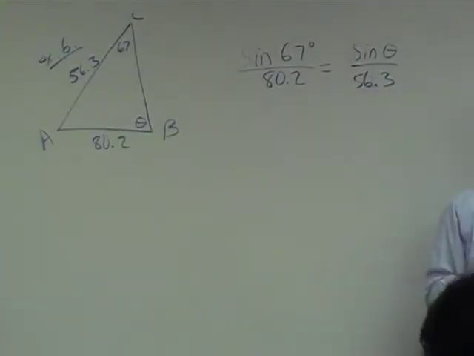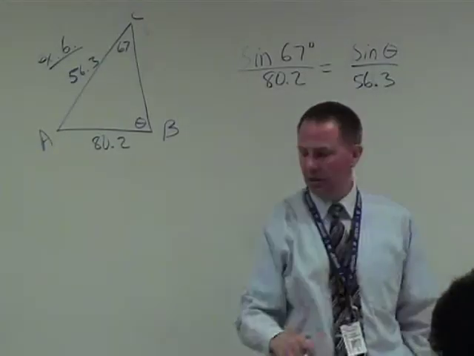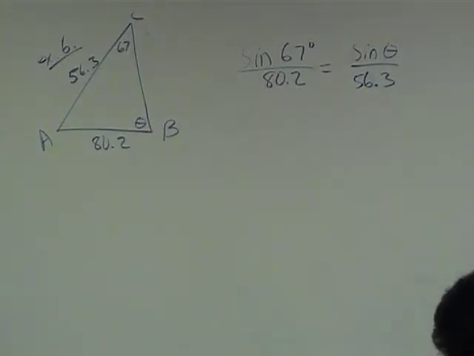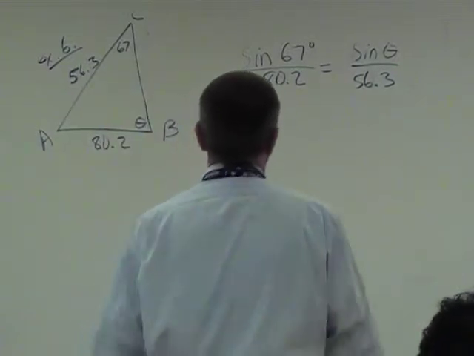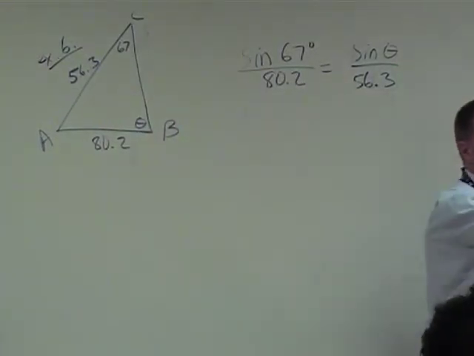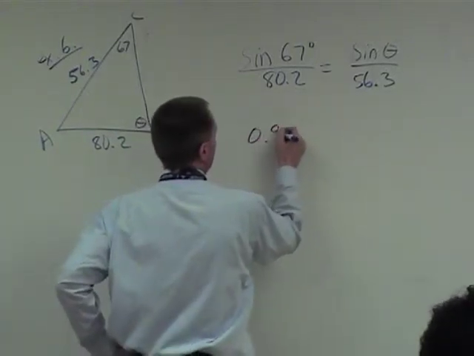Now you have your handy-dandy calculators out. You're in degree mode because you're dealing in degrees. What is the sine of 67 degrees on your calculator? Just make sure it's in degree mode. Sine of 67 degrees. 0.92.